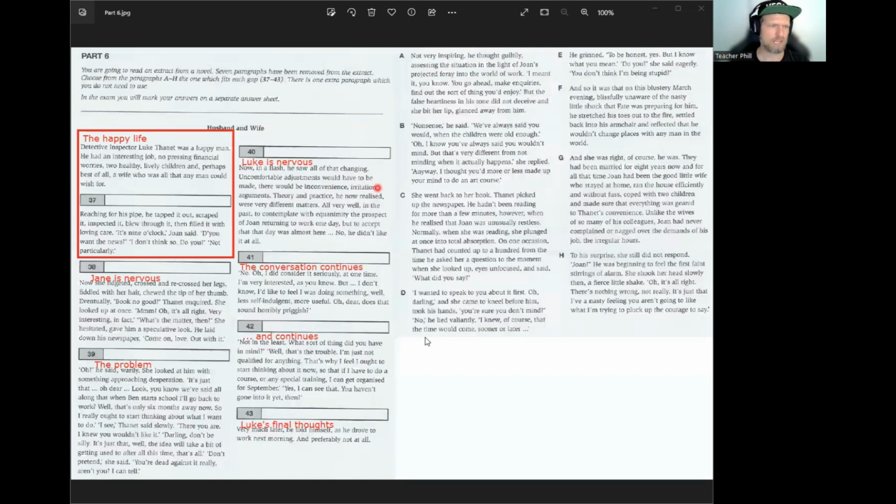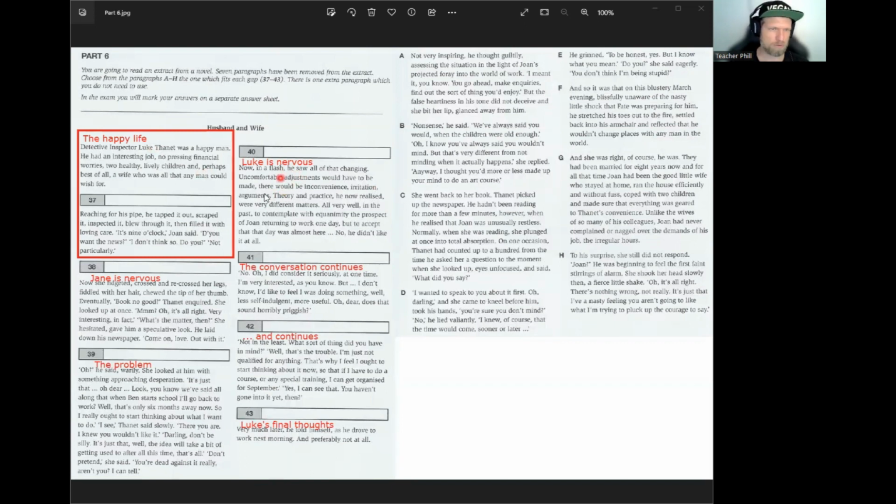I think that everything looks happy at the beginning, but then Jane gets a little bit nervous here. And then here is the problem. So it takes another paragraph that we have to fill in here before Jane talks about the problem. And because of what they say here, Luke is nervous. So something that they talk about here and that comes before makes him nervous.